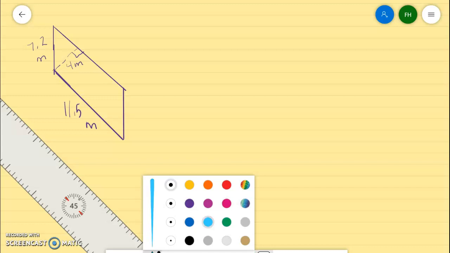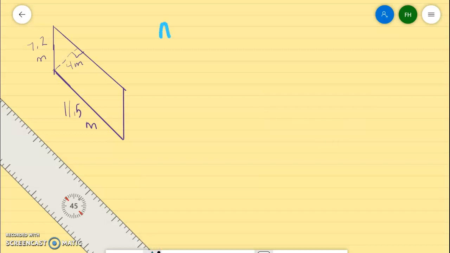Okay, so this one is a parallelogram, and you can see that we know the formula for a parallelogram is base times height. We know that the height is this little right angle going from one base to the other base. So we know the height is 4. So we have to figure out, is the base 7.2 or 11.5?